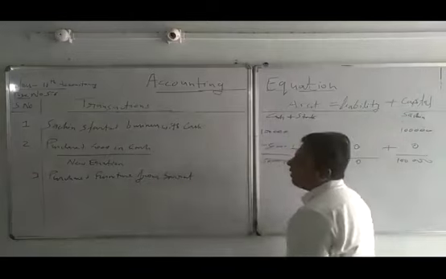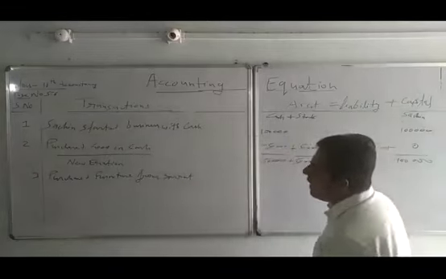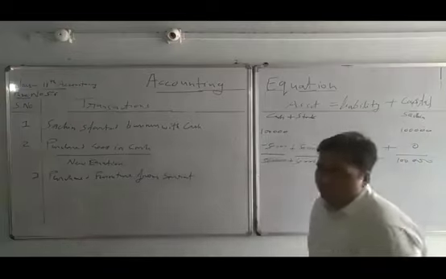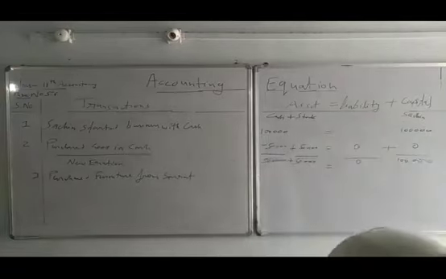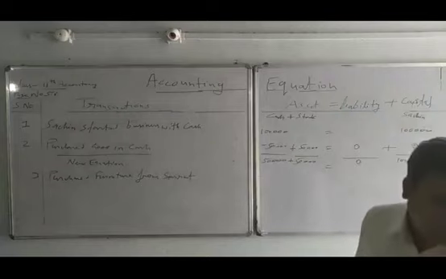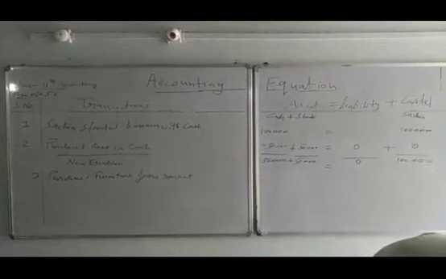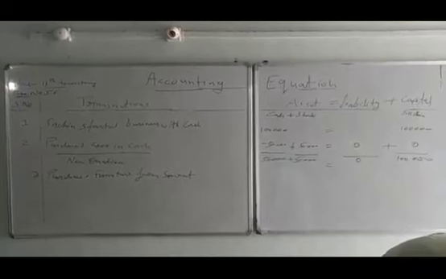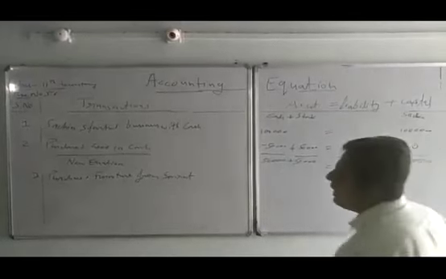Here again I am purchasing from Samrat. Is it in cash? The book does not say the furniture was purchased in cash, and no cash is given. That means it must be purchased on credit.